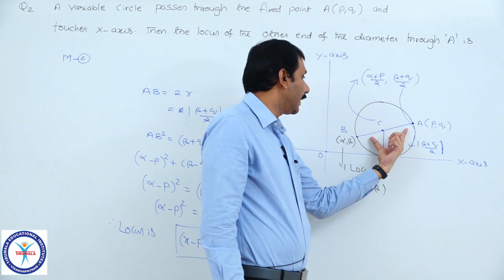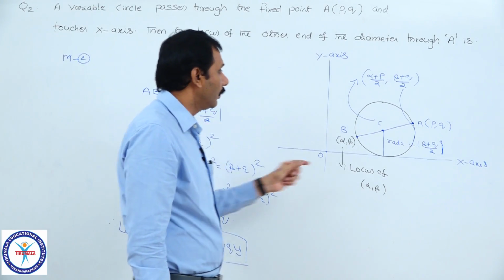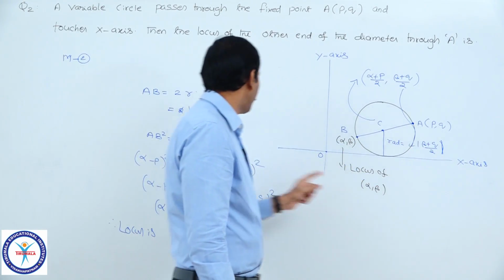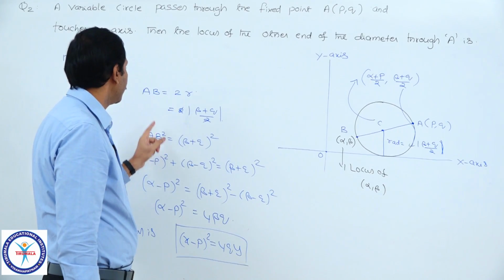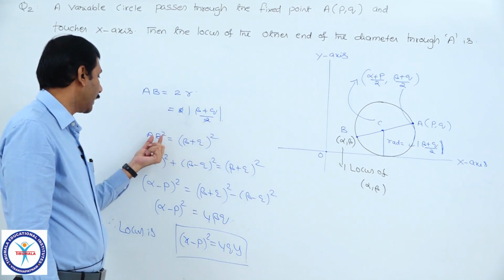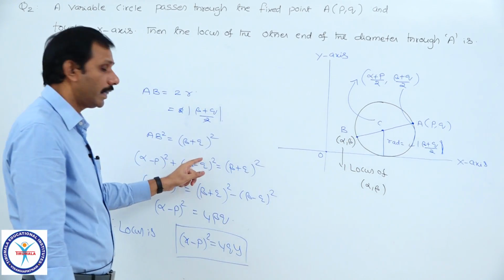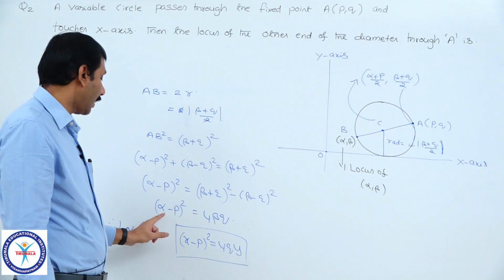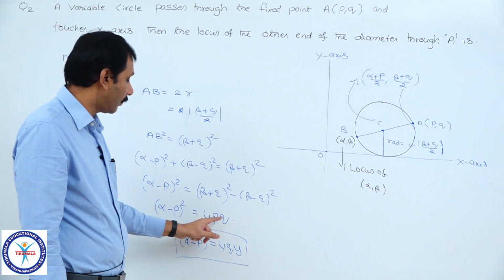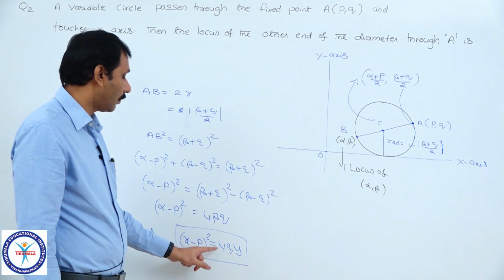But the total AB distance is nothing but the diameter 2r. Therefore, 2 into radius is mod of (beta plus q). AB is equal to mod of (beta plus q). If I square it on both sides, and AB is the distance between these 2 points, which I have written, then on simplification (alpha minus p) whole square equals 4 beta q, hence the locus is (x minus p) whole square equal to 4qy.